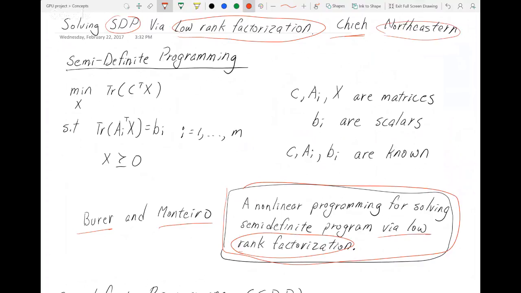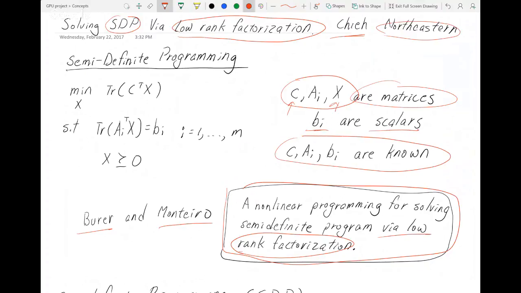Now, semi-definite programming problems, the standard form, basically looks like this, where we know A, I, C, and X. These are all matrices. B is a scalar, and these are all known. Like any other optimization problem, we are finding the X that minimizes this expression.